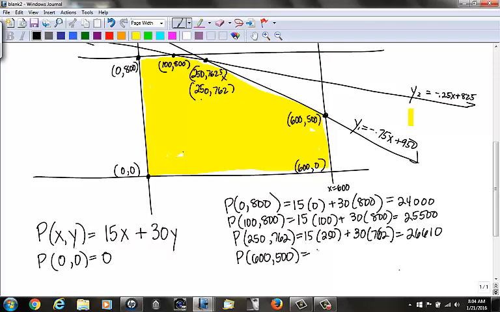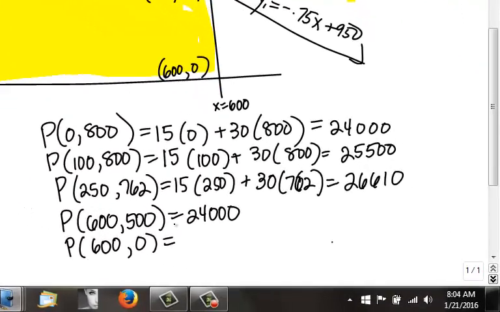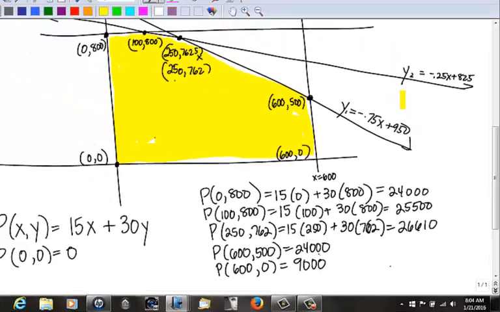Do second function entry, change the 250 to 600 and the 762 to 500, and I get back to 24,000 profit. And then 600, 0. And you're back to 9,000 in profit.